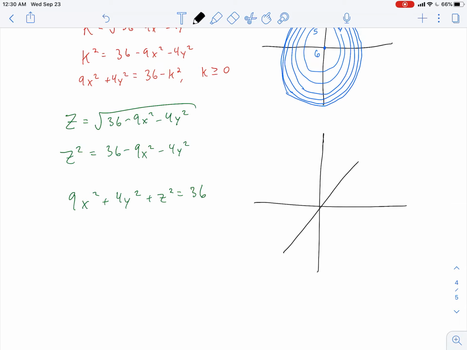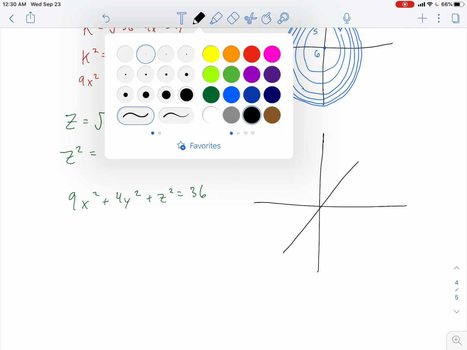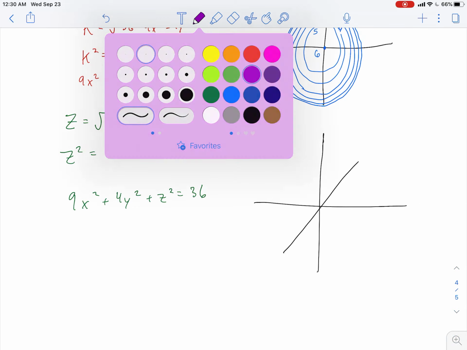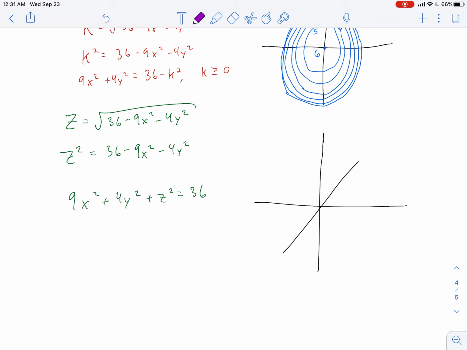All right. And so when we draw this out, our first ellipse is going to be, okay, that's 6. Then we're going to have an ellipse, and then our ellipse is going to get bigger.